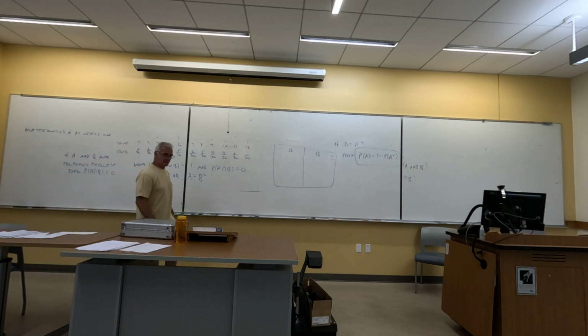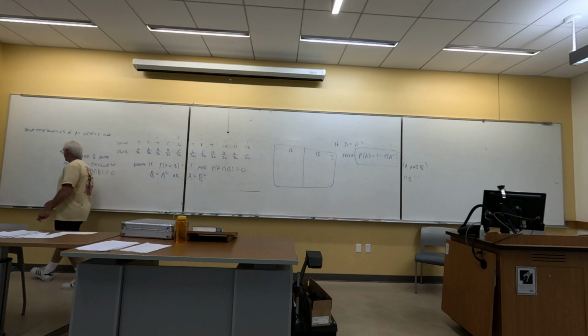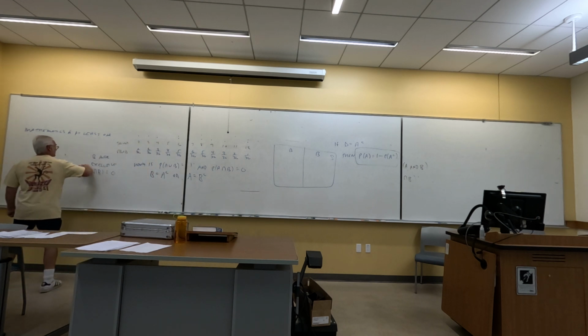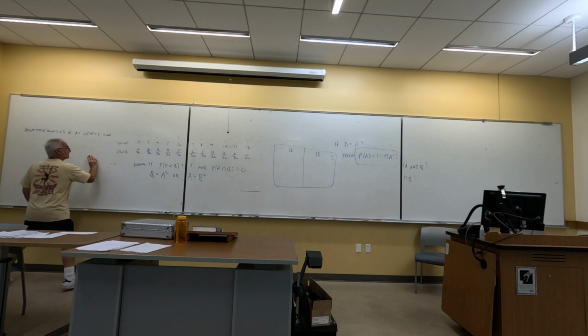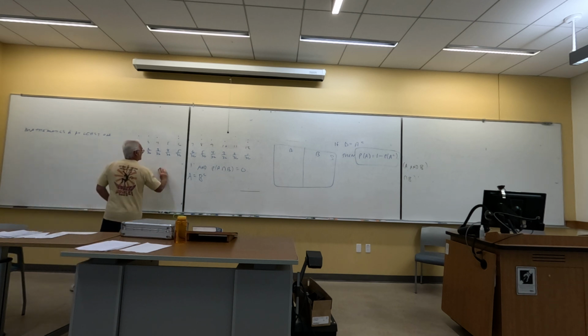So I want to show you something. This is one of my favorite types of mathematics here. We're going to do several examples of this. But let's just say hypothetically, let me just make up a number.